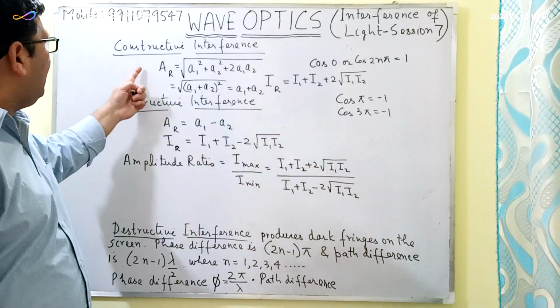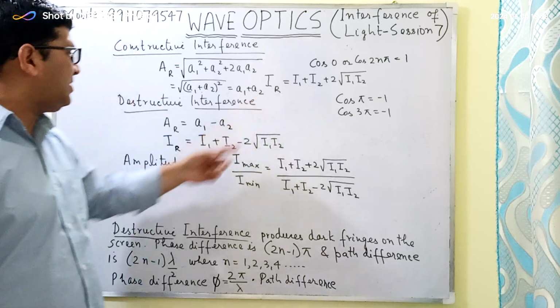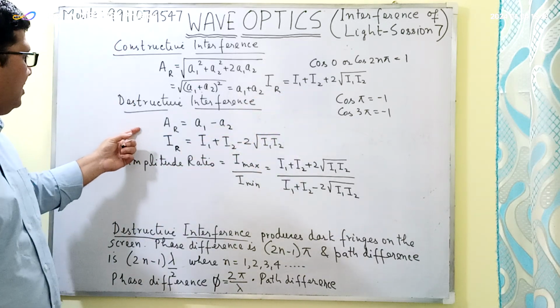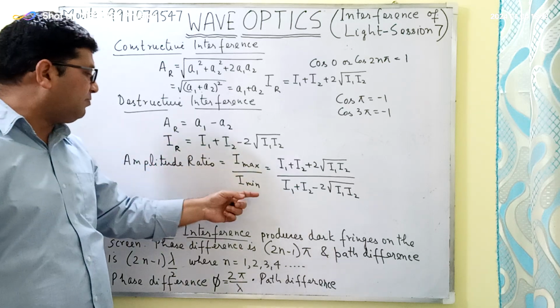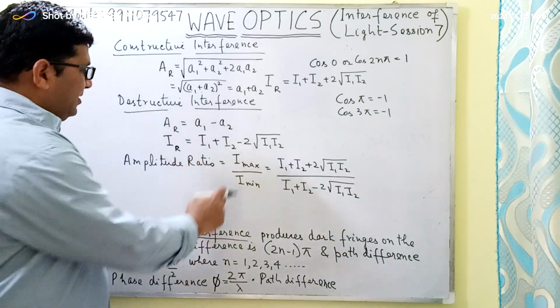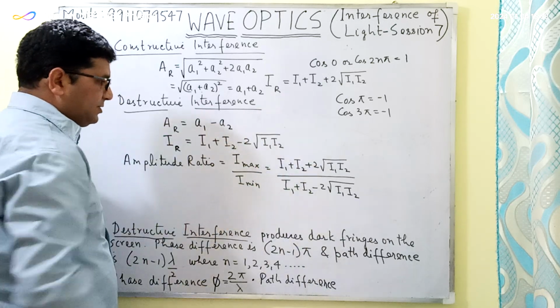That is, the intensity of the resultant light wave is maximum in constructive interference, and minimum in destructive interference. So I have written down the values of I maximum and I minimum from these two equations.